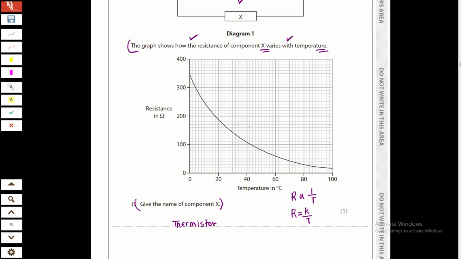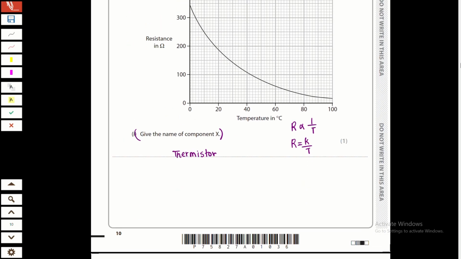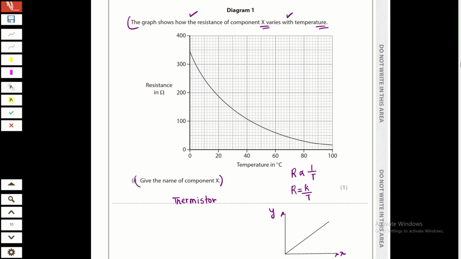K is a constant. So a fraction graph looks like this. And if there is a relationship which is directly proportional, let's say y is directly proportional to x, then there would be a straight line passing through the origin.